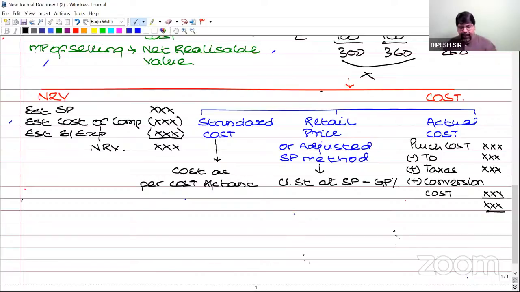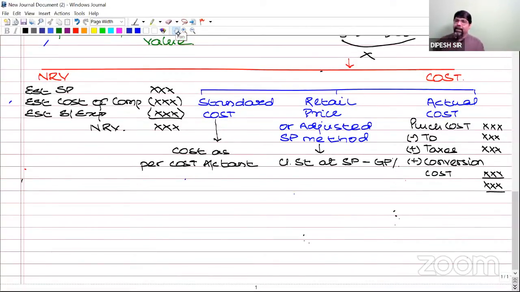Correct? Fair enough? Yes, sir. Purchase cost, if you are a trader, that means we are dealing in finished goods, then purchase cost represents purchase cost of finished goods. If you are a manufacturer, then purchase cost represents purchase cost of raw materials. It can be raw material or finished goods, as the case may be, chartered.